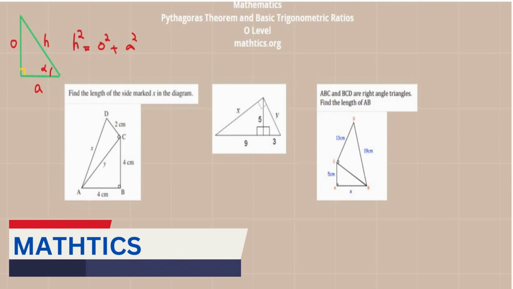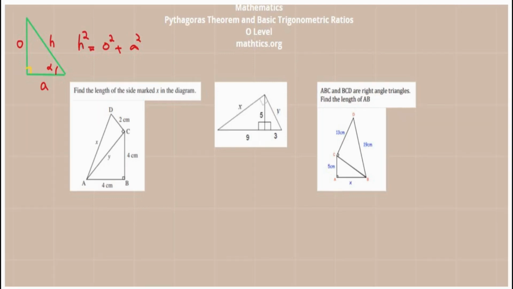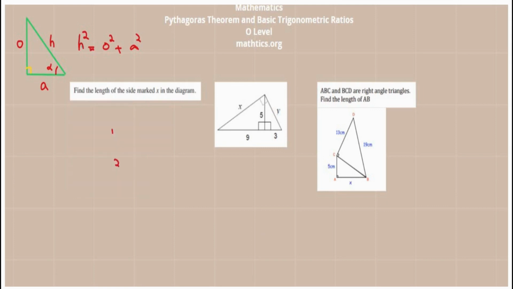Okay, so question number 1 is, find the length of the side marked as x in the diagram. So here you can see that there are basically two triangles given. One is this and the second one is this. So in the first triangle we can see that there is the side x and then there is the side y.